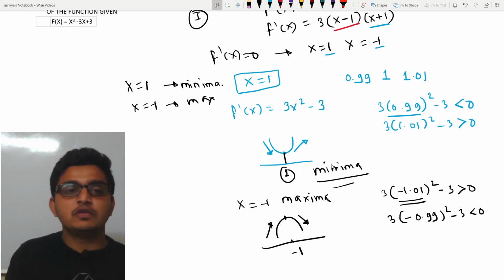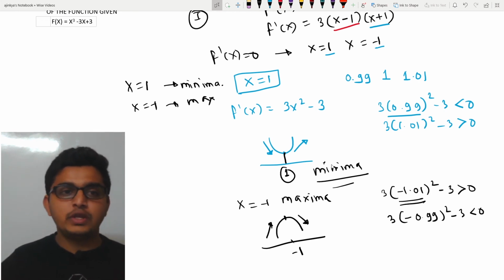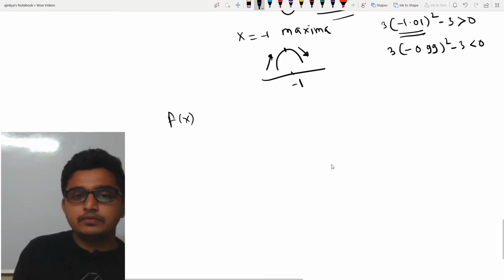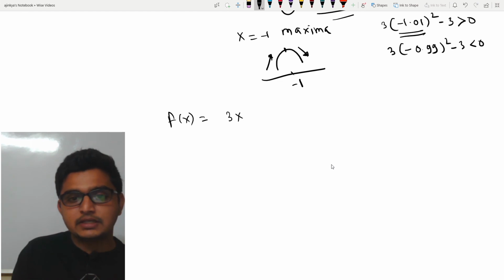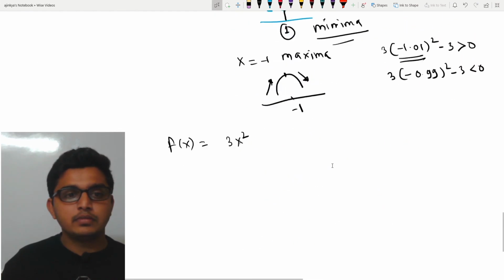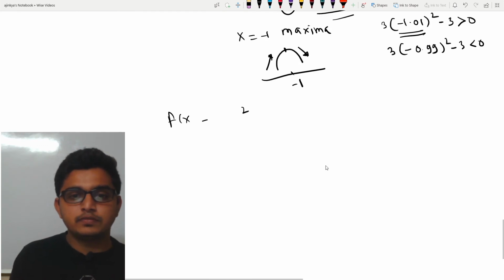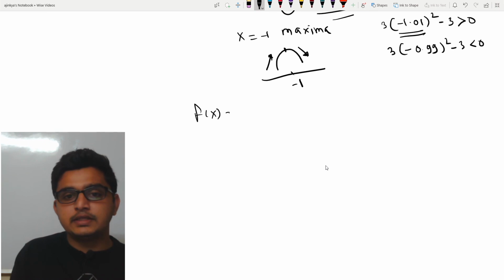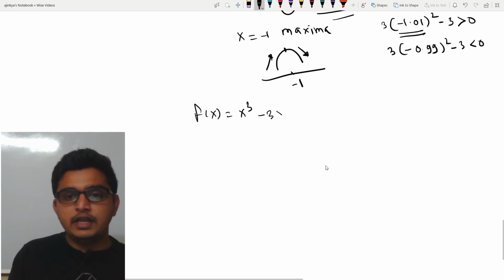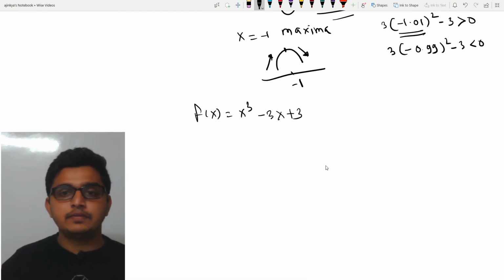But what are the actual function values? We are going to directly put it in and find out. So f of x is nothing but x cube minus 3x plus 3.